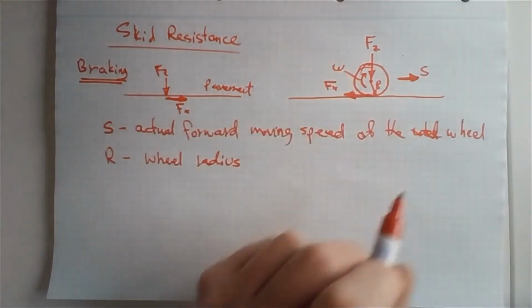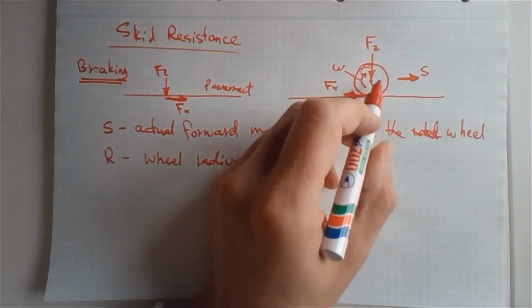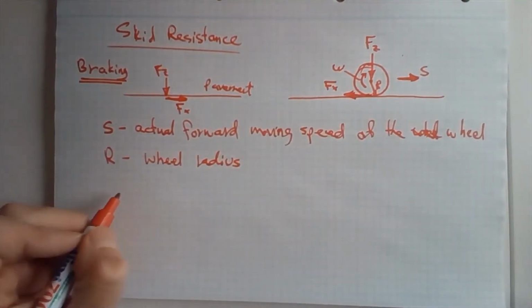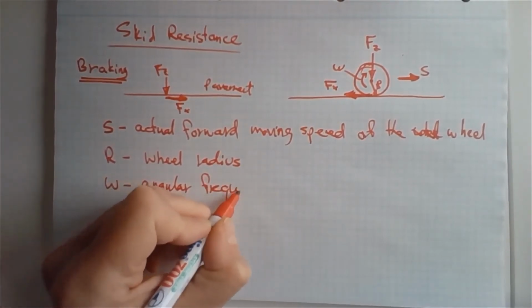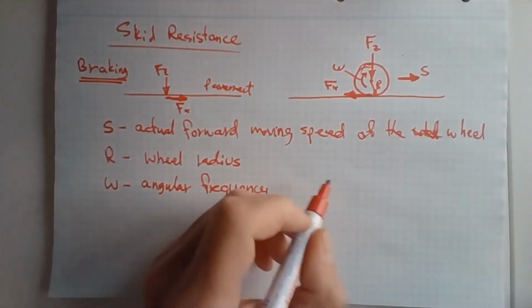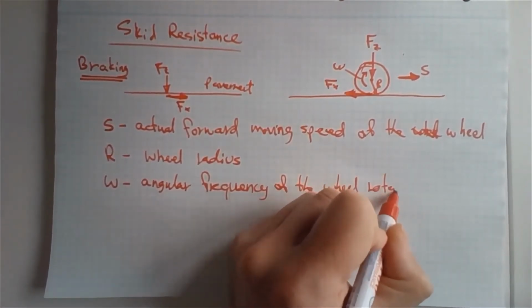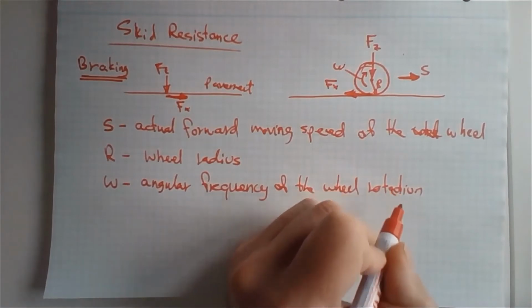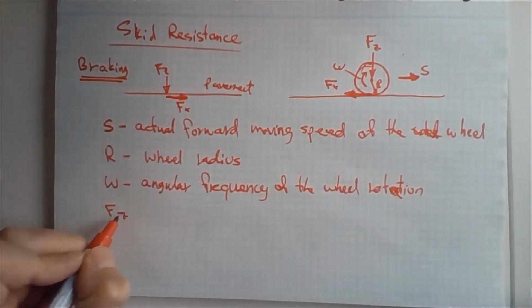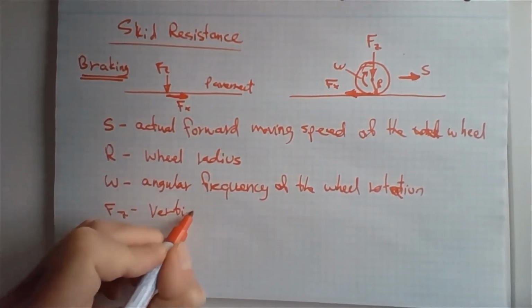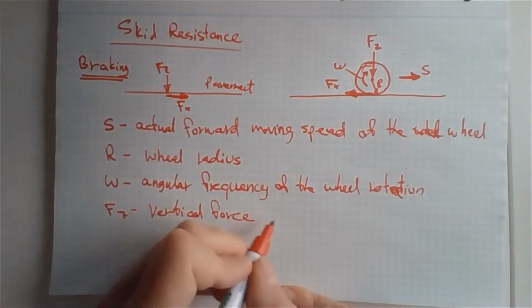And here I'm looking at a rigid wheel, so not including any radius changes because of compression of the tire or anything. Omega is the angular frequency of the wheel rotation. And Fz is the vertical force on the wheel.